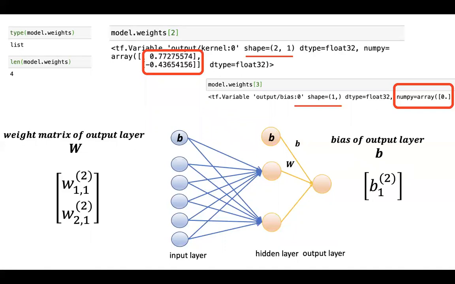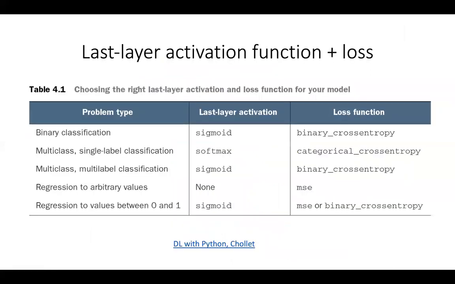So now that we know how to implement the model in Keras, we need to decide what kind of output activation function to use and what kind of loss function to use.